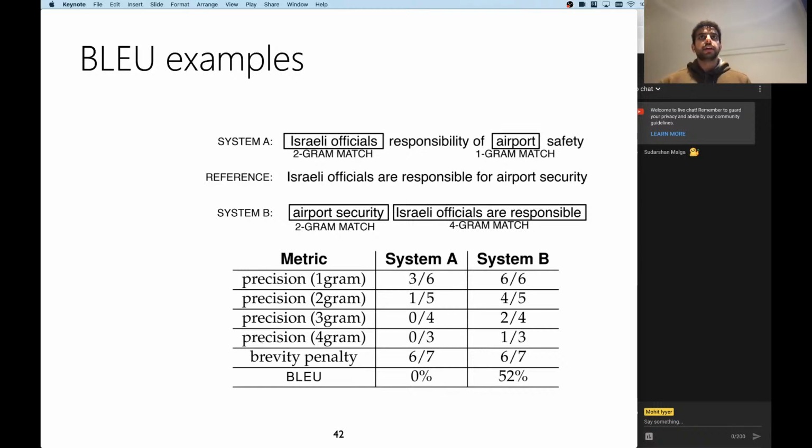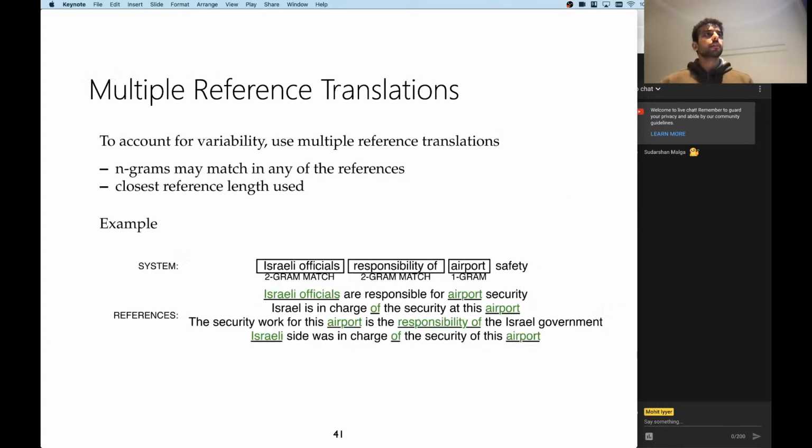All right, any questions? Yeah, this is a great point. In this computation that I've described, a stop word like the or and is treated exactly the same as an important content word like Israeli or airport, right? So if a model drops the, it's treated as the same penalty as if it drops Israeli, which obviously should not be the case in a metric.